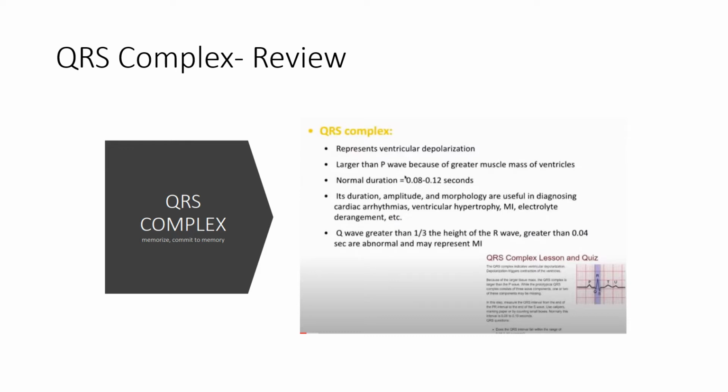Those 3 blocks, was that regular? Was it prolonged? Was it wide? Or was it narrow? So if it's 3 blocks times 0.04, it will be equal to 0.12 seconds, which means that is normal.